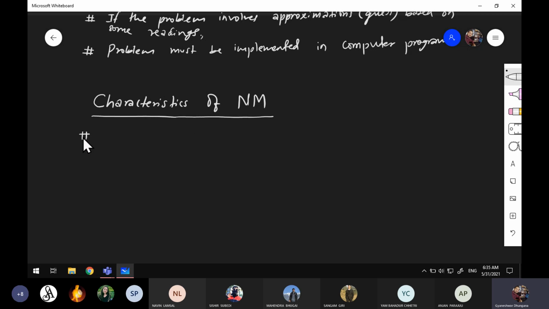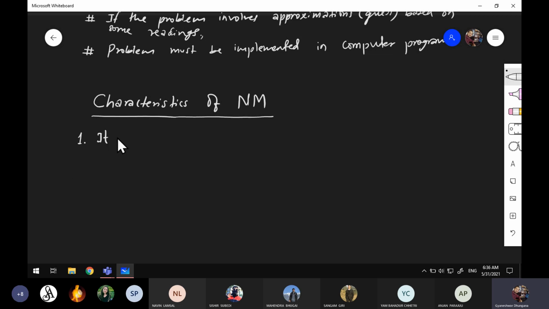Some of the important characteristics of the numerical method are as follows. The first is, it can solve numerical problems only. It cannot solve problems involving different dummy parameters.